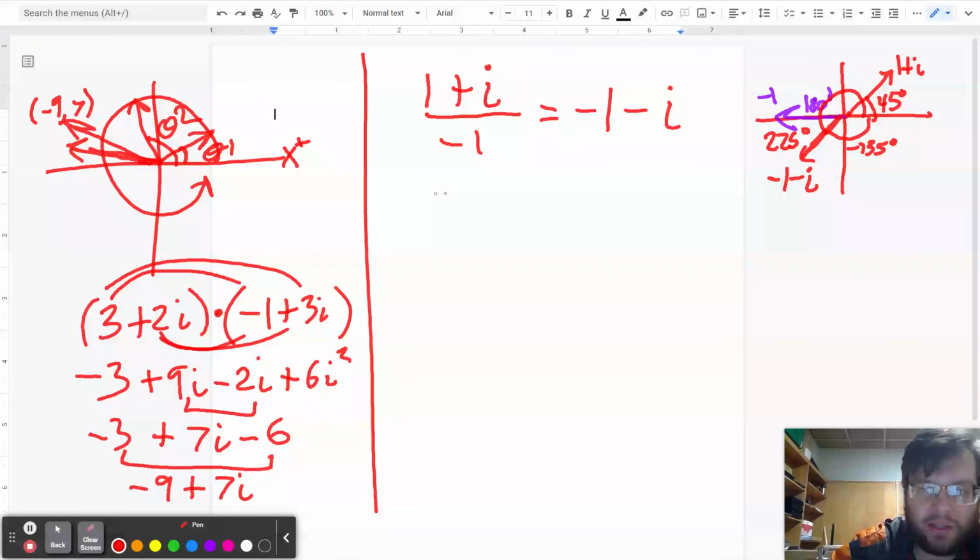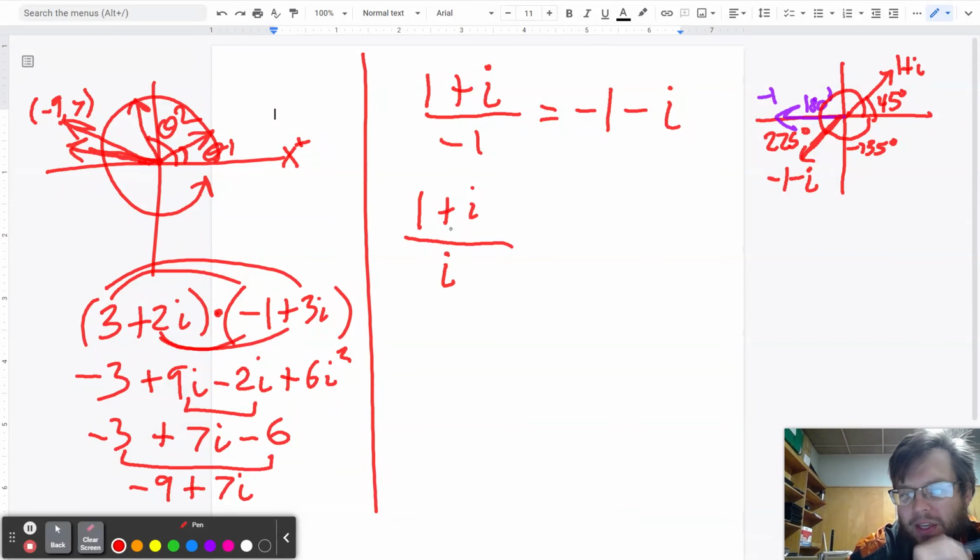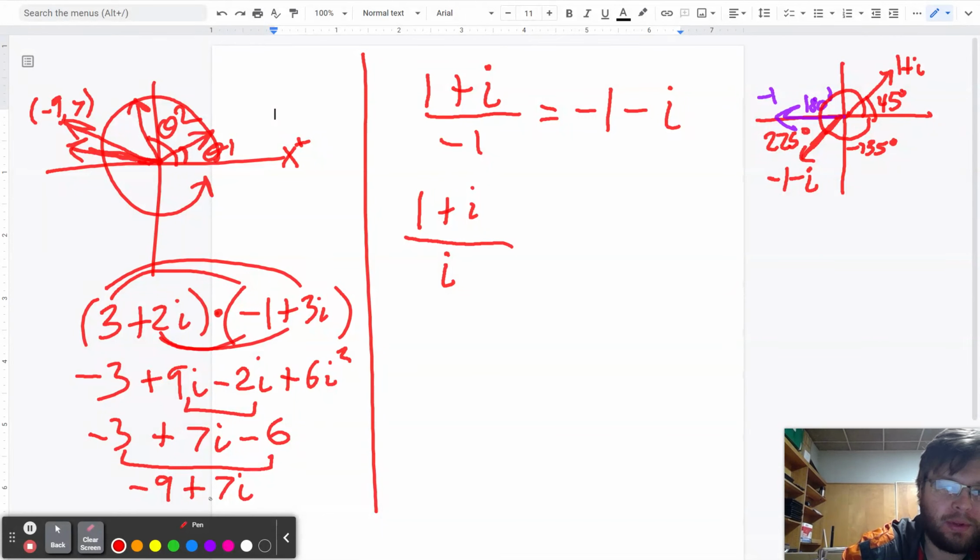Let's look at another example. Let's say we did 1 plus i divided by i. Well, I don't really know how to divide by i, but I do know from the previous example how I can divide by -1. So I can turn i into -1. I just need to multiply it by i.